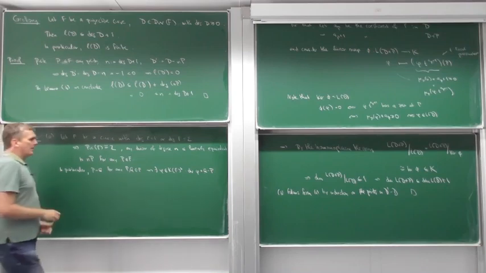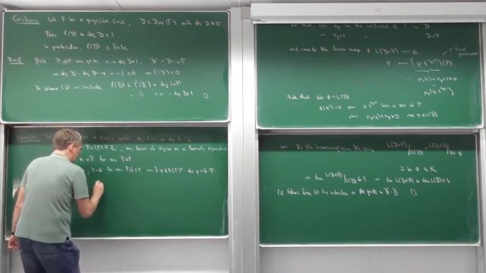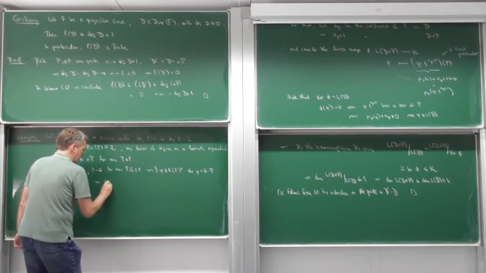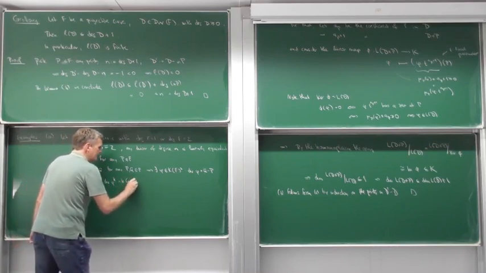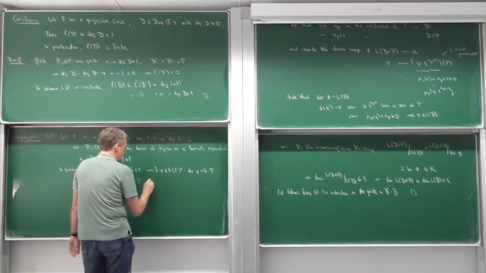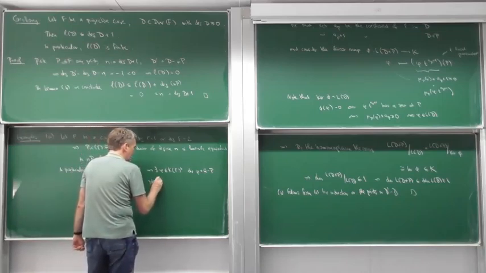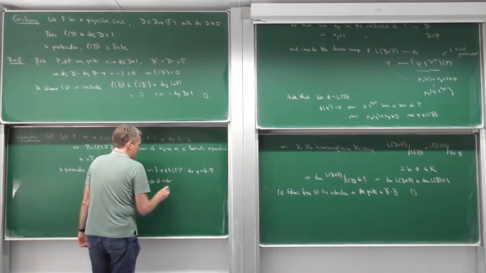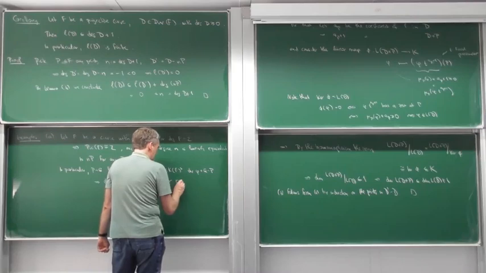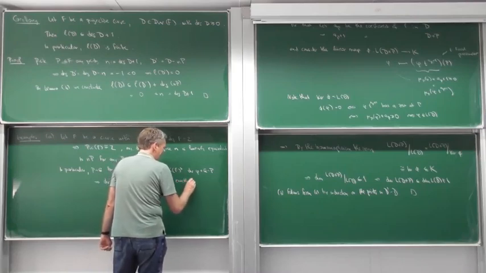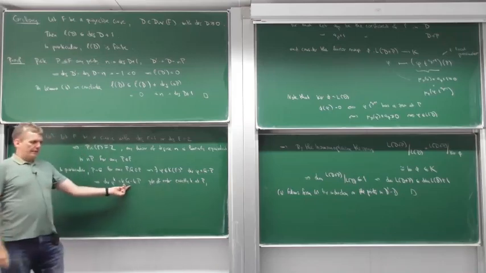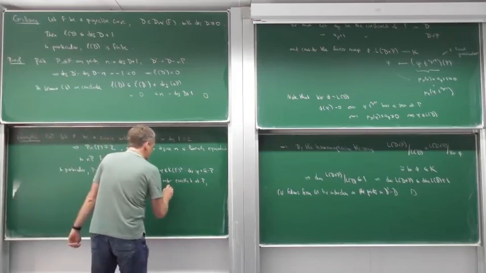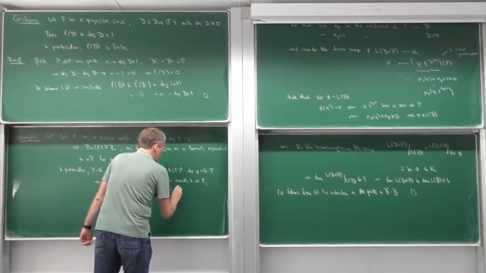And if we consider the kth power of that, the divisor of phi to the k is k times Q minus k times P. So it means it has a pole of order exactly k at P and no other poles. I mean, it must have zeros at Q, but we don't care about that. No other poles.